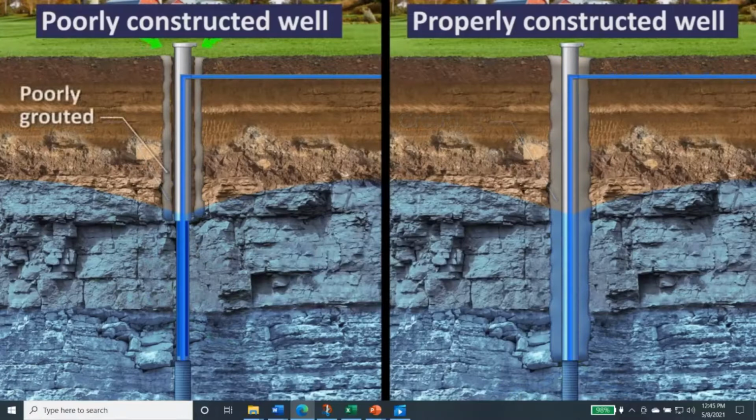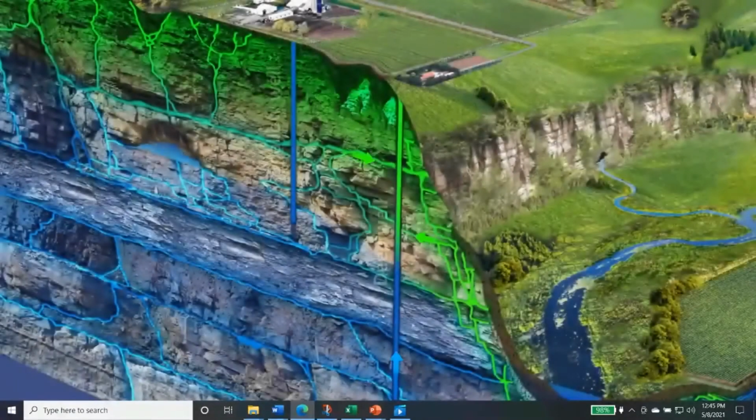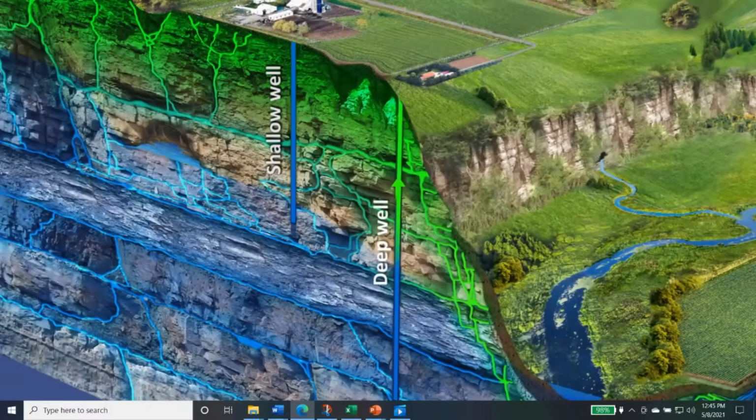A poorly grouted well may allow water from the land surface to run down the sides of the well casing and directly into the well. This can help explain why a deeper, poorly constructed well might have higher nitrate compared to a shallower, properly constructed well.